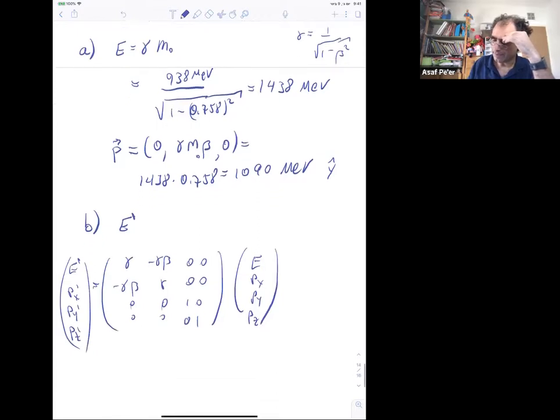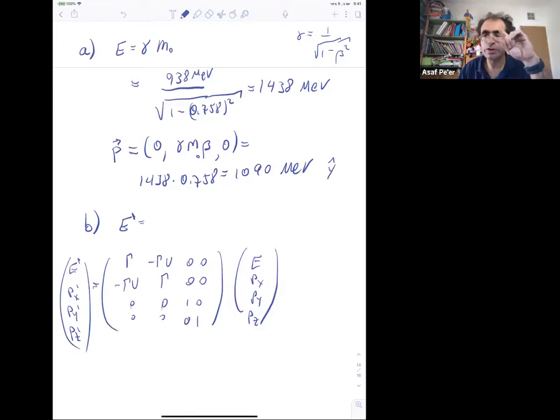So what is E prime? You have to be careful here. It is a capital gamma.